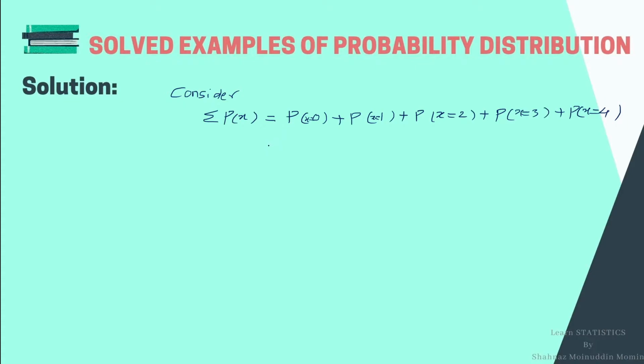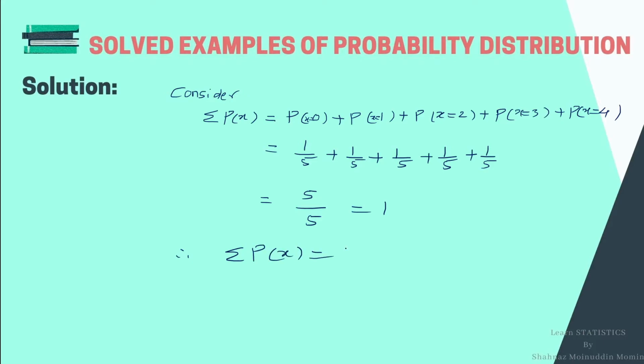We know that all the probabilities are 1 by 5. So write down 1 upon 5 plus 1 by 5, likewise plus 1 upon 5. Add them, we will get the total is 5 by 5 and it comes out to be 1. Therefore, the sum of probabilities is equal to 1 for x equal to 0 to 4.